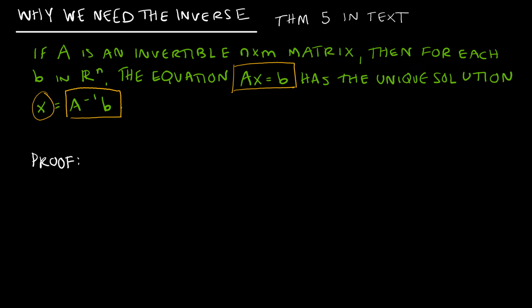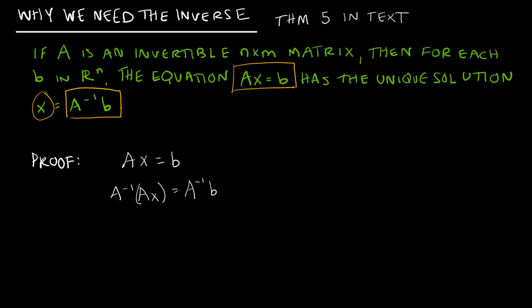So let's talk about the proof. I'm starting with Ax equals b. I need to prove that the solution does in fact exist. So let's do a little bit of left multiplication by the inverse of A. So the inverse of A times Ax is equal to the inverse of A times b.